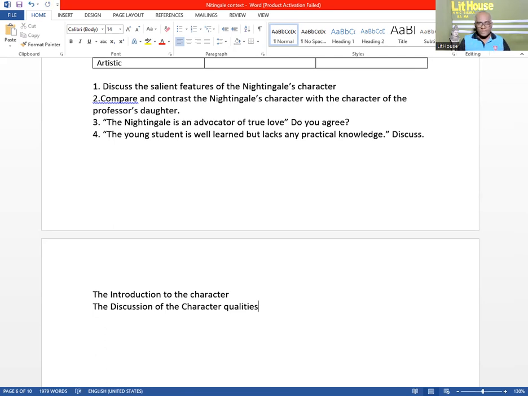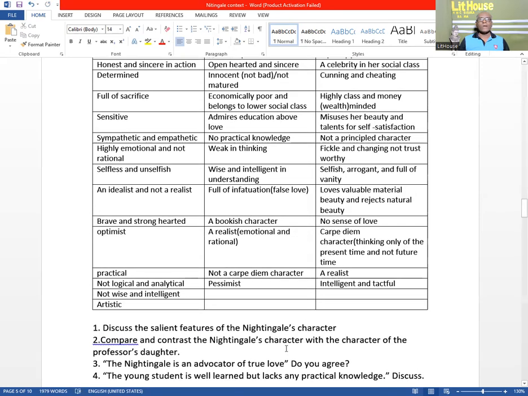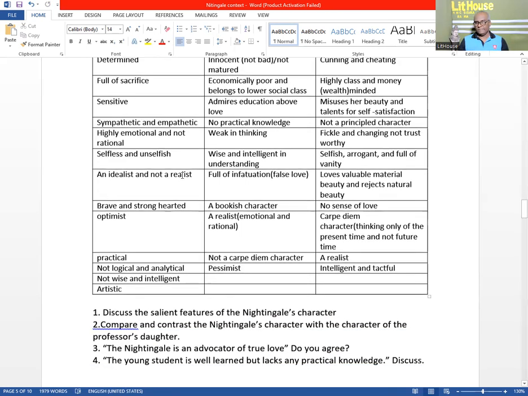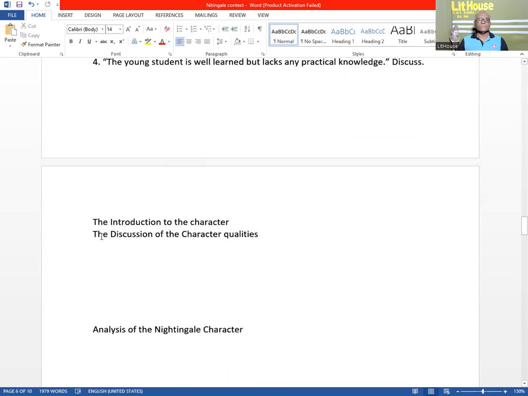Where do we find the character qualities? You have to go back to the outline. That's why we make an outline, because this outline is a summary of a character. You can use this summary in this discussion, the discussion of the character qualities.